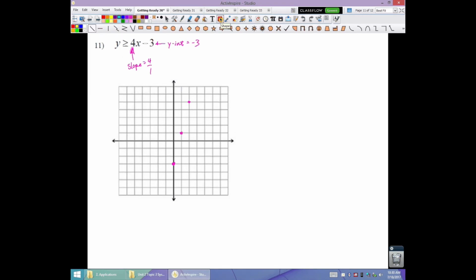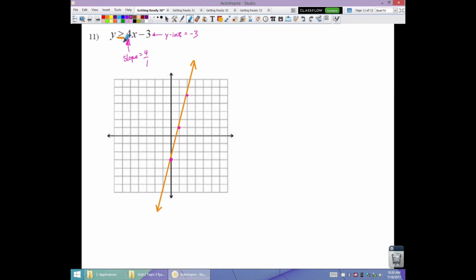Place my line, which once again should be a solid line because it's greater than or equal to. And this time I will be shading above the line.